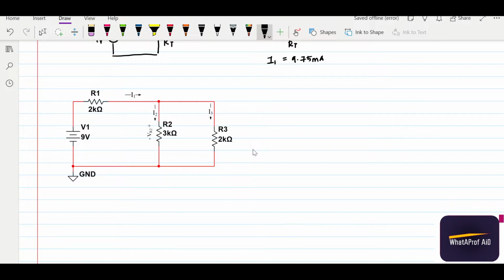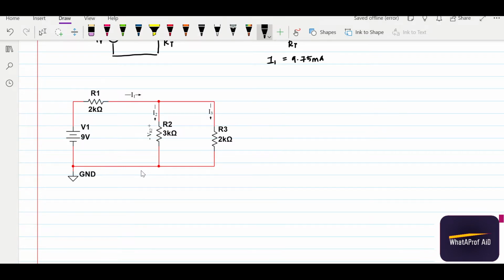This circuit is a combination of series and parallel resistance, and for this circuit, assuming that you don't know how to use mesh analysis or nodal analysis, we try to solve the circuit and get the respective currents I1, I2, I3, and also the VR2 here.